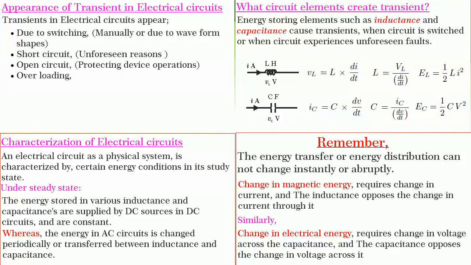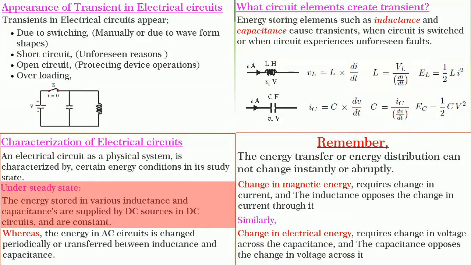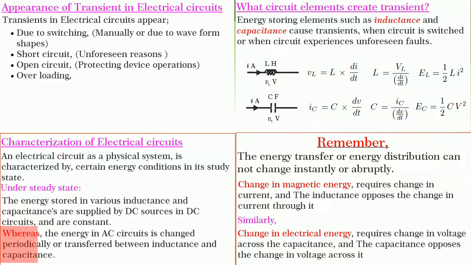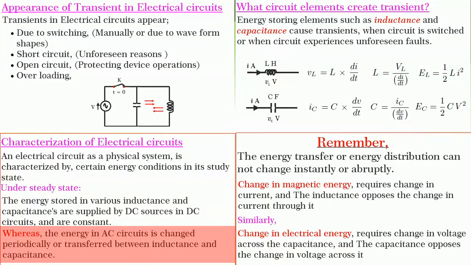Then, what will happen to the energy component? Friends, during steady state, energy stored in inductance and capacitance elements is supplied by DC sources in DC circuits, whereas the energy in AC circuits is changed periodically or transferred between inductance and capacitance elements.